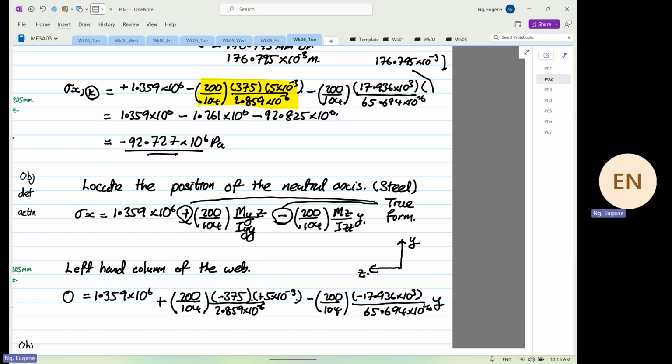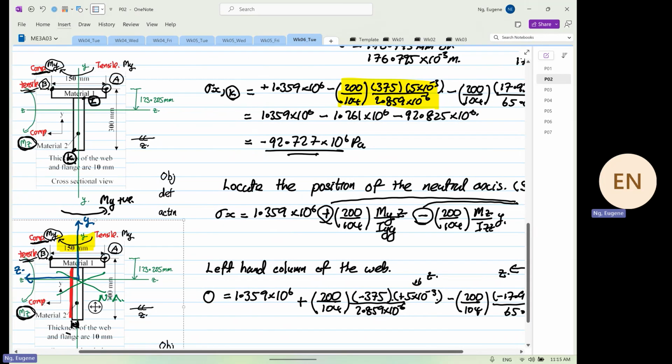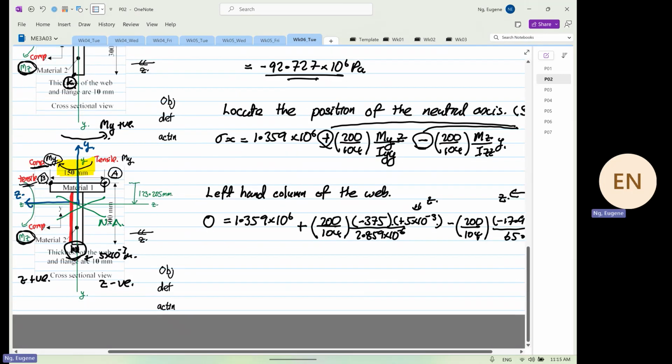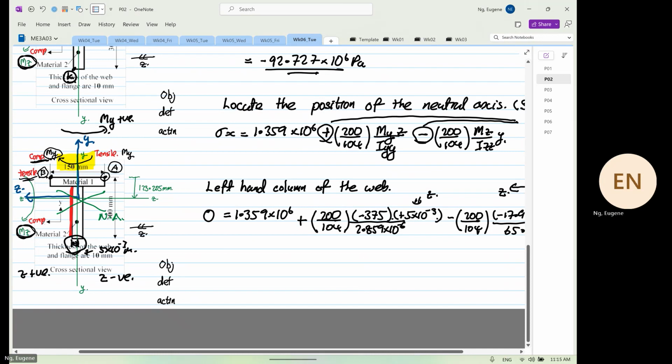Over here, we know our Z because Z is fixed by positive 5 times 10 to the power minus 3. Yes or no? It's fixed. So from here, we calculate.